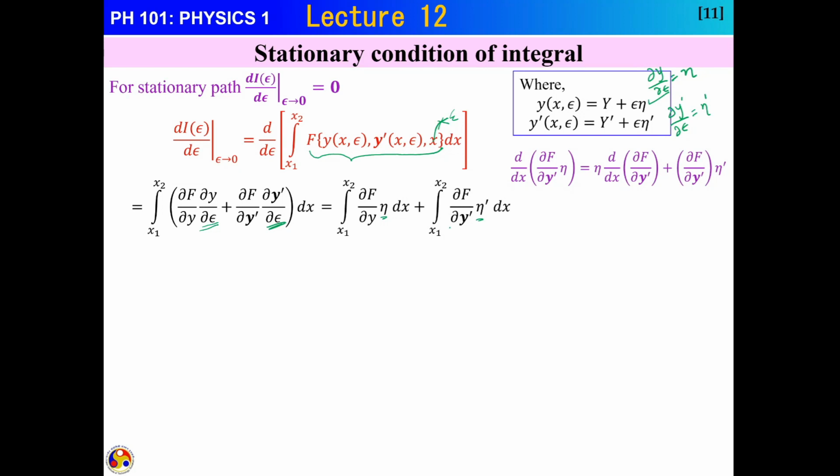So we have now a function which can be rewritten using this functional form. Suppose I take d by dx of a times b, we can write it nicely as a times db by dx plus b times da by dx.